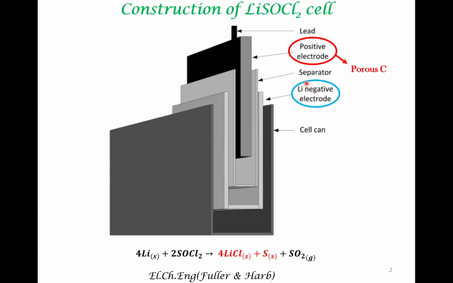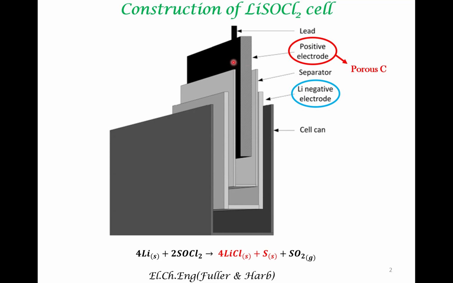To separate the negative electrode from the positive electrode, you have a separator. This is electronically, that is electrically, non-conducting, it cannot conduct electrons. A separator is used to prevent shorting of the negative electrode and the positive electrode.